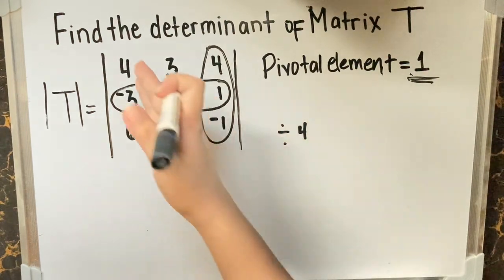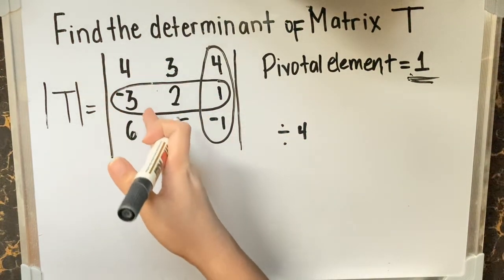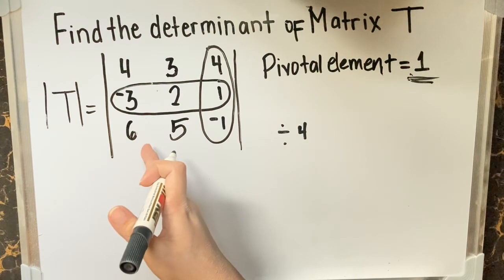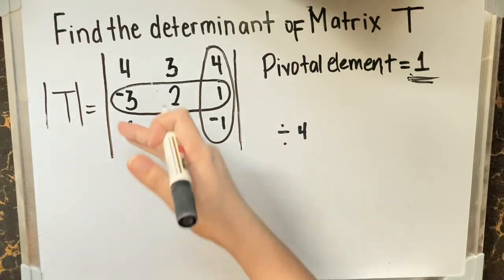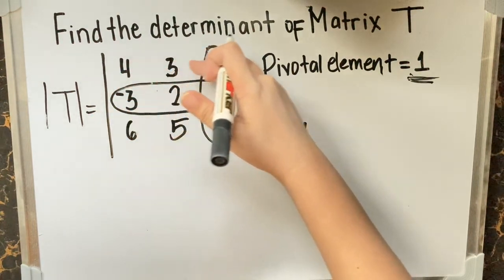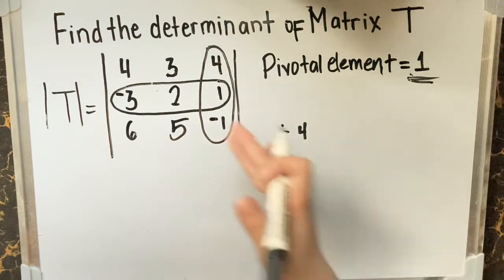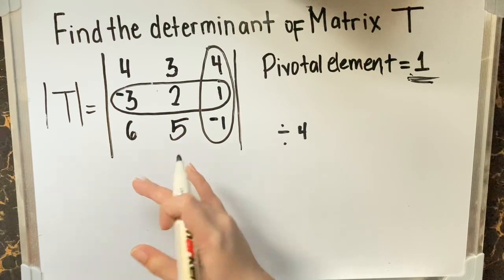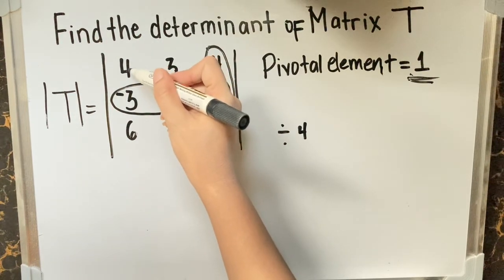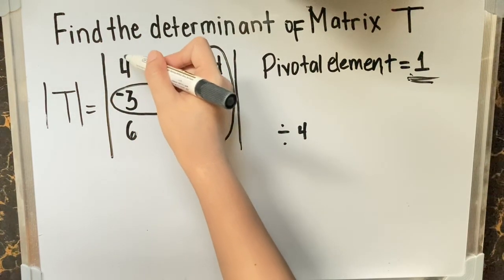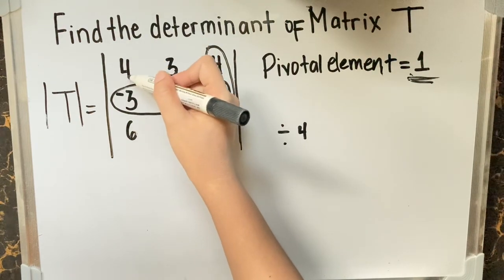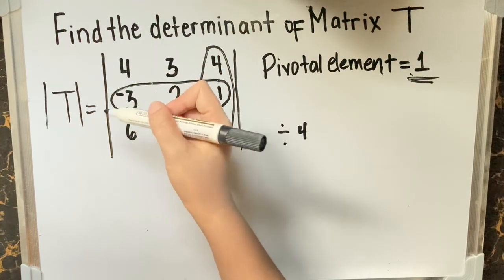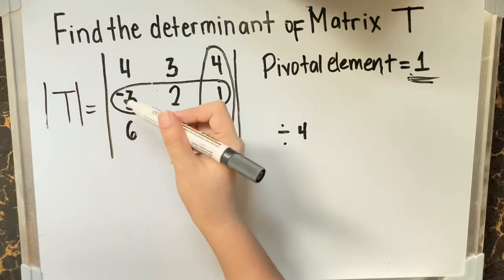It's either you factor out dito sa column na ito, kung saan siya located, or dito sa row na to. Kung pinili natin na i-factor out siya dito sa column na to, so 4 divided by 4 is equal to 1. So magiging 1 to. And then, negative 3 divided by 4 magiging siyang negative 3/4.